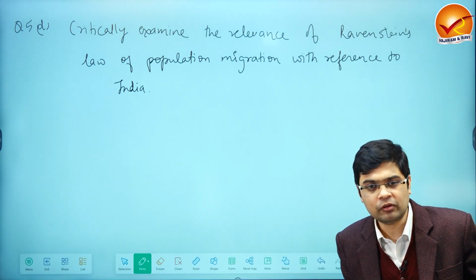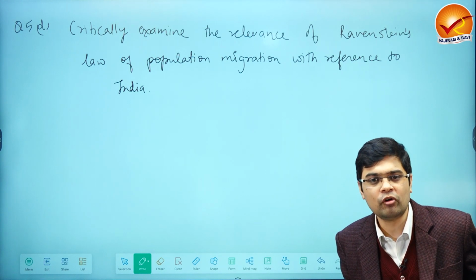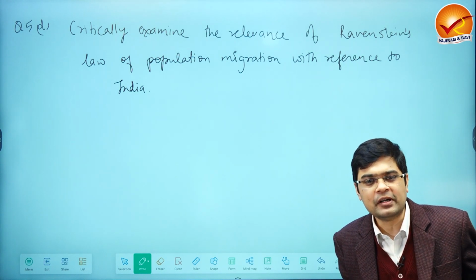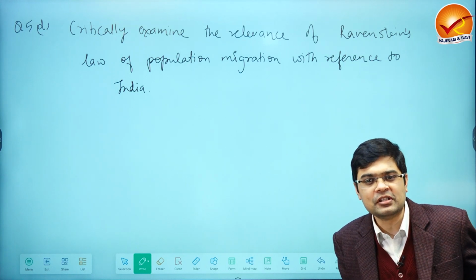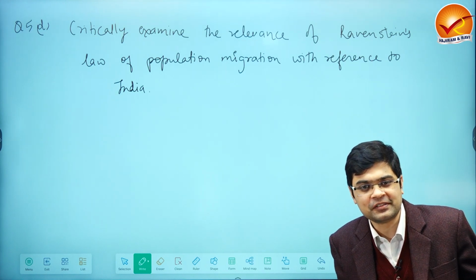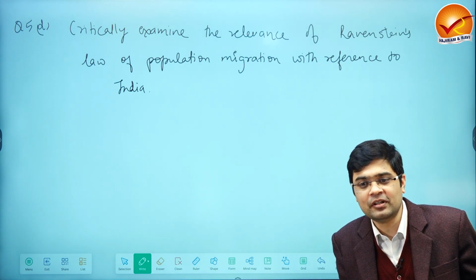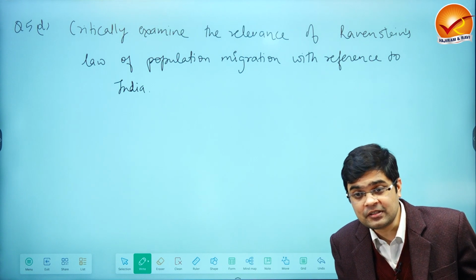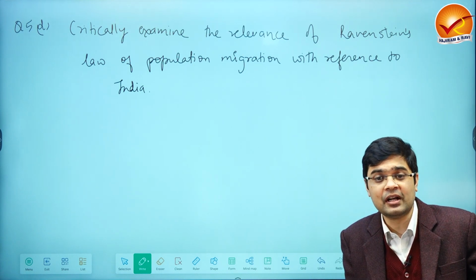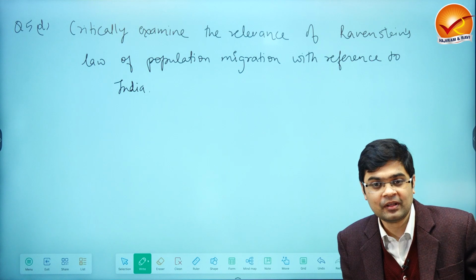Have you read Ravenstein? You know about Ravenstein's laws? You might not be able to remember. 7-8 points are there. One is that migration generally happens for short distances. Then there are currents of migration which are set. No, it is not intervening opportunities, Vivek. That is Stouffer's law. So there are migration currents. Yes, Rajat, with every migration current, we have counter currents.